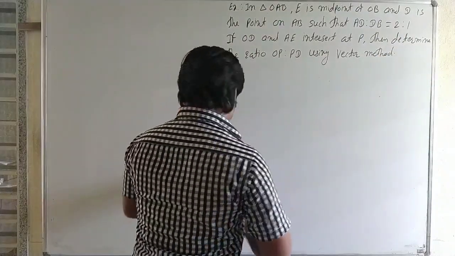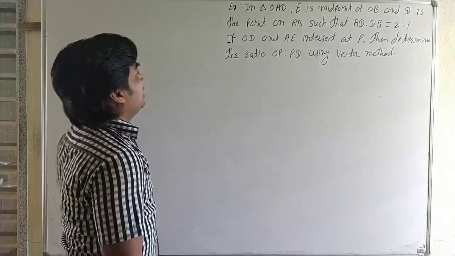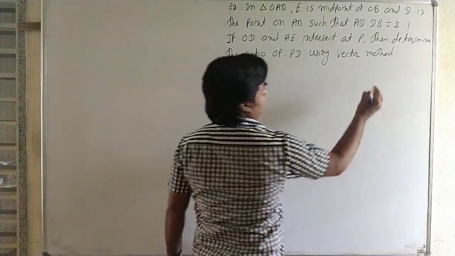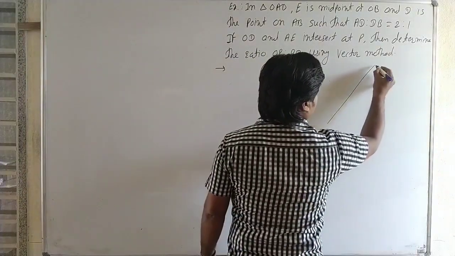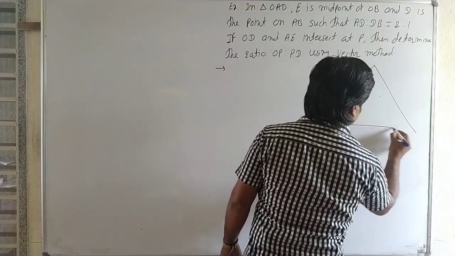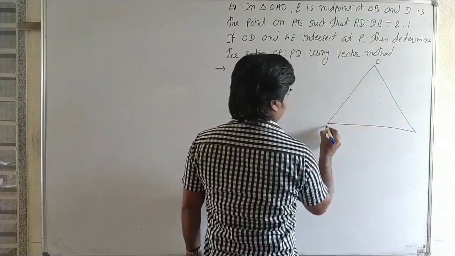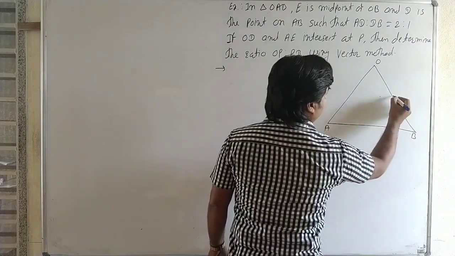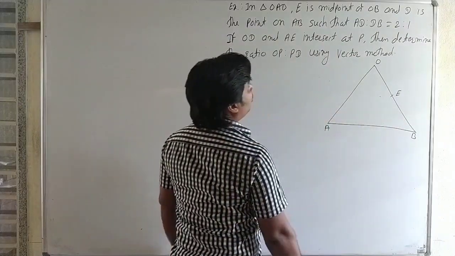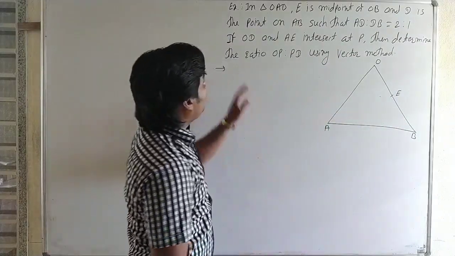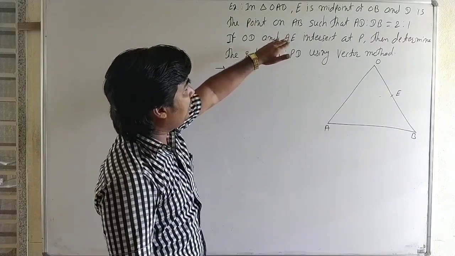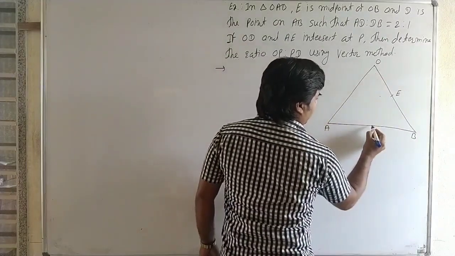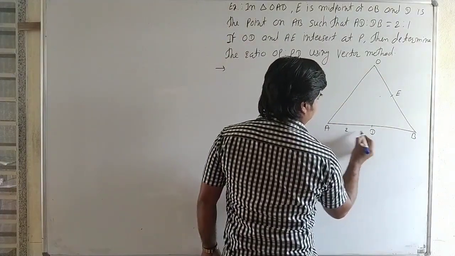Now here again, same as the last example. Here the triangle is OAB. E is a midpoint of OB and D is a point on AB such that AD is to DB is 2:1.